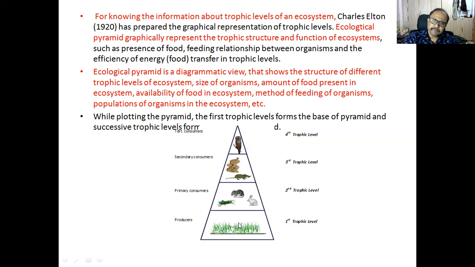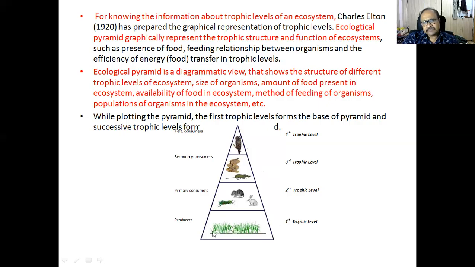This ecological pyramid shows all the structure and function of the ecosystem, the biotic components of the ecosystem. Means here we have plotted this big box of the first trophic level.